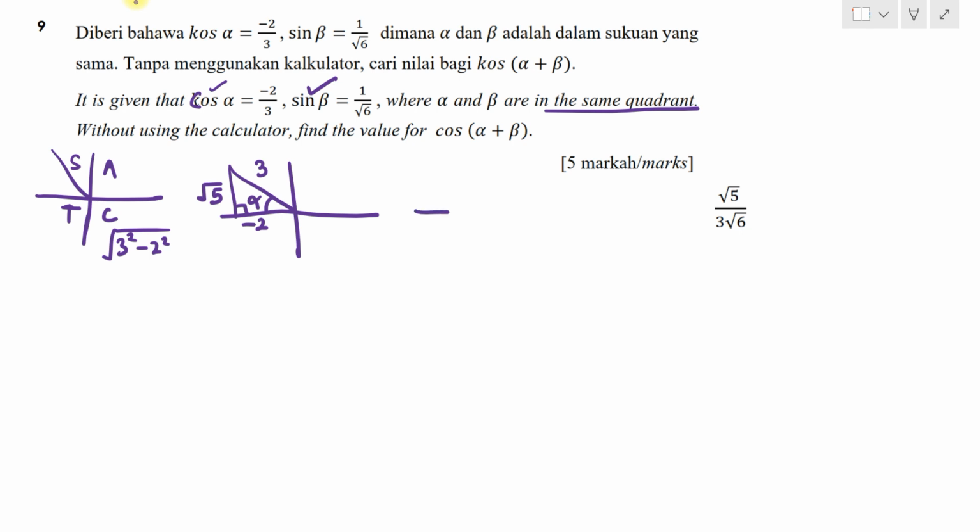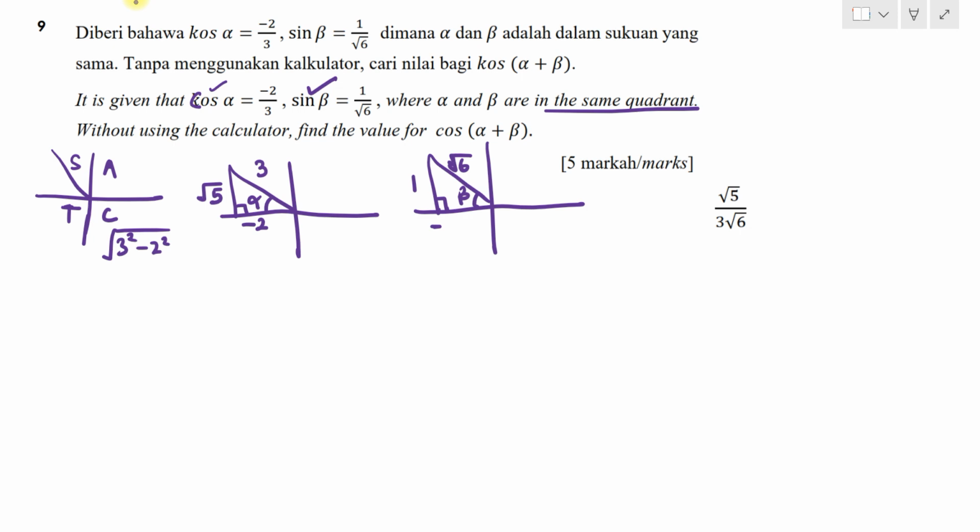Now for beta, same thing. We create a triangle, beta angle. So sine is 1 over square root 6. Sine is opposite over hypotenuse. So 1 here, and the hypotenuse is here, square root 6. So what is the adjacent? Adjacent must be negative, beware of that.